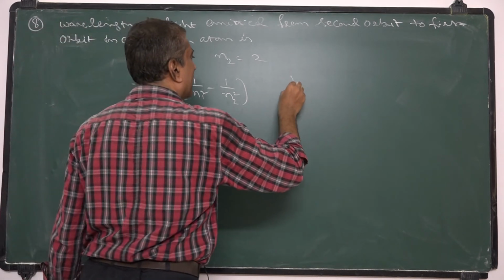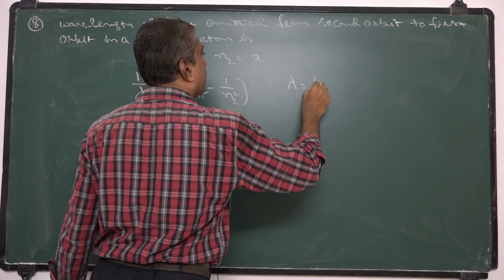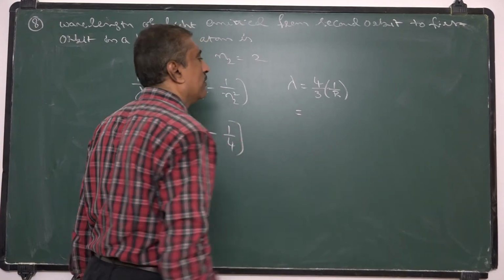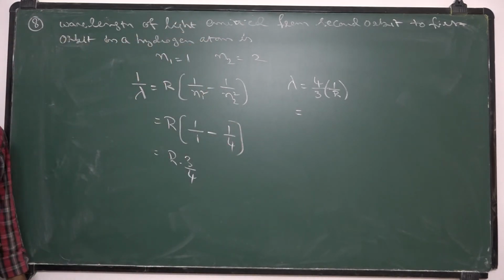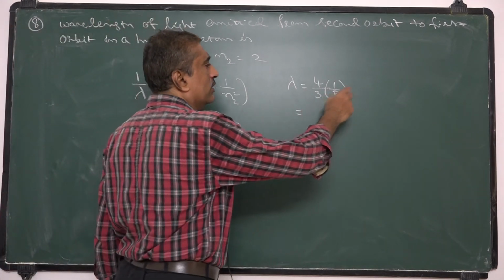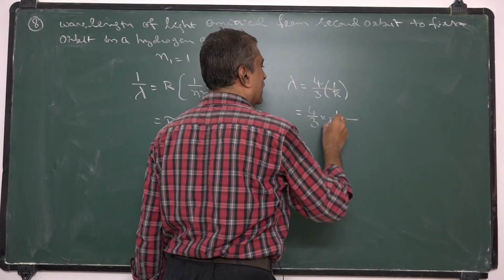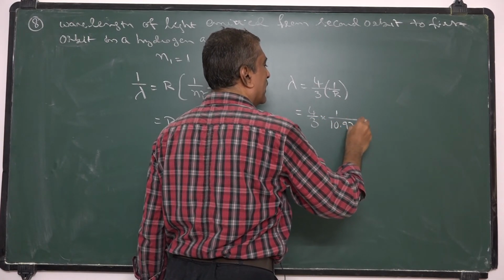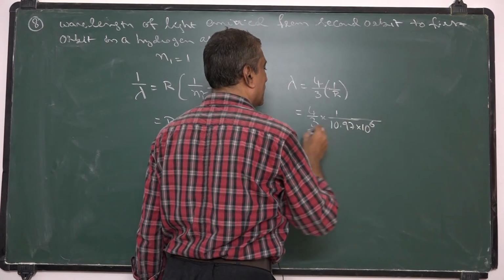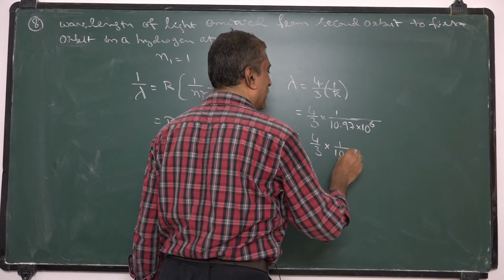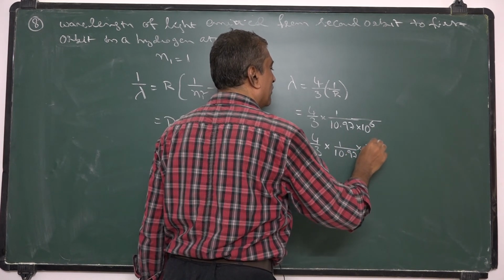That is wavelength lambda is equal to 4 by 3 into 1 by R. Actually, you can substitute the value of R like this also, 10.97 into 10 power 6. This is 4 by 3 into 1 by 10.97, 10 power minus 6.